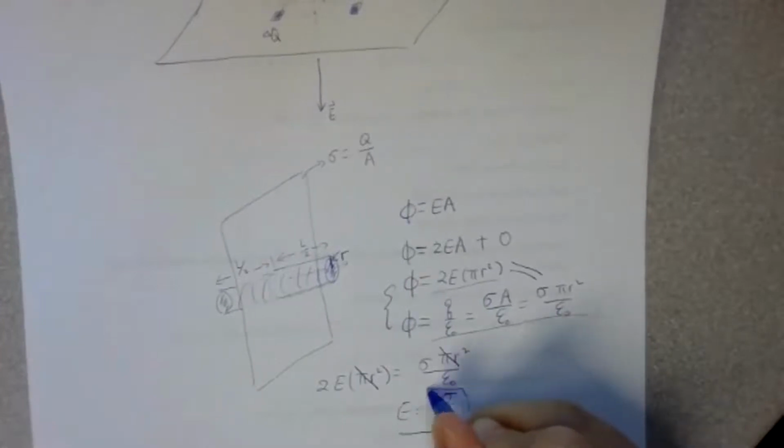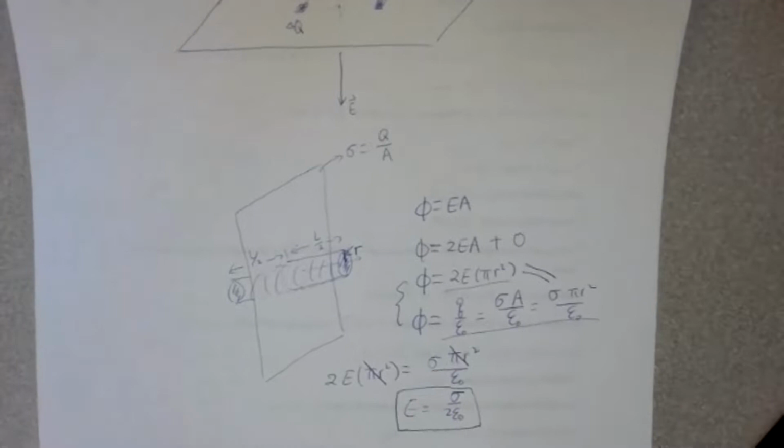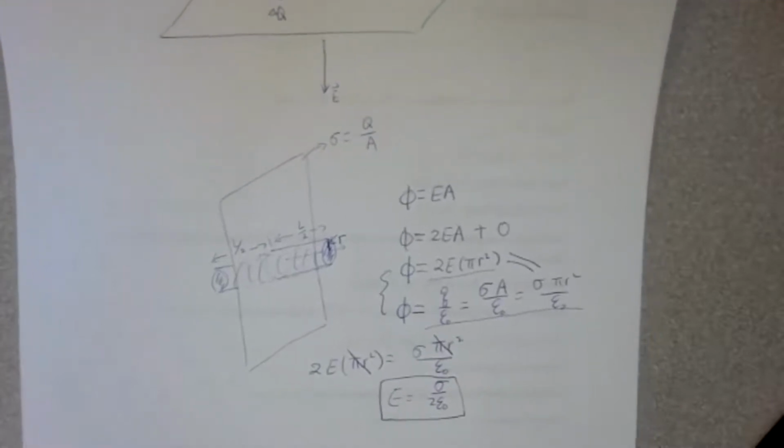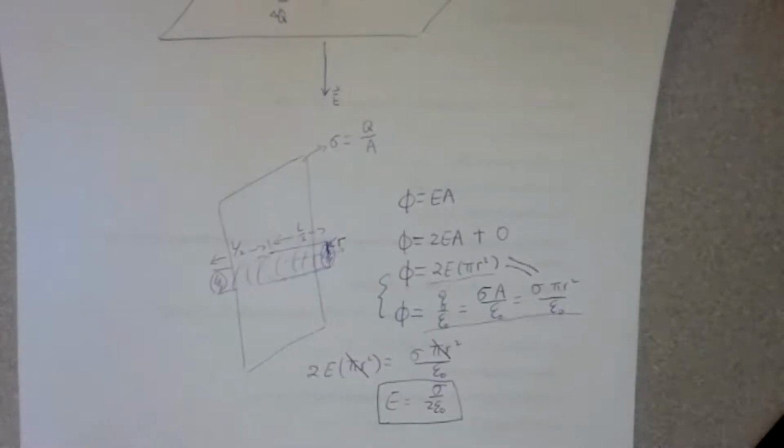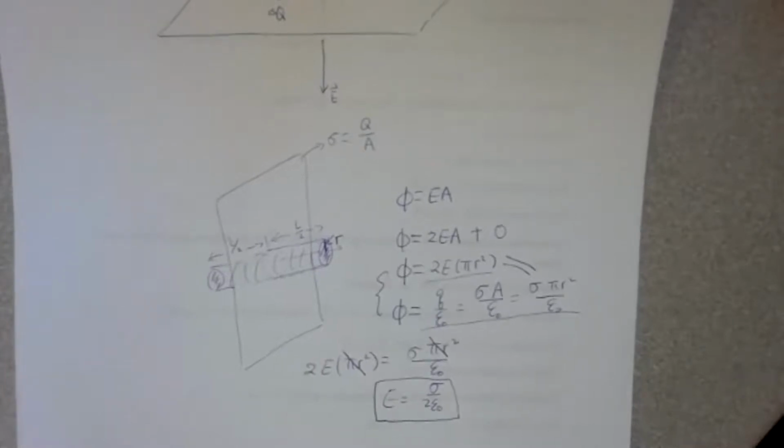So for an infinitely large sheet, your E field is equal to sigma divided by 2 times epsilon naught, a constant number. It doesn't have a distance r in it. That means for an infinite surface charge distribution, your E field is independent of the distance away from the sheet. So E is equal to the surface charge density over 2 times epsilon naught.